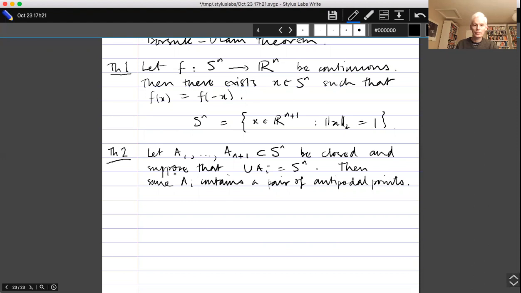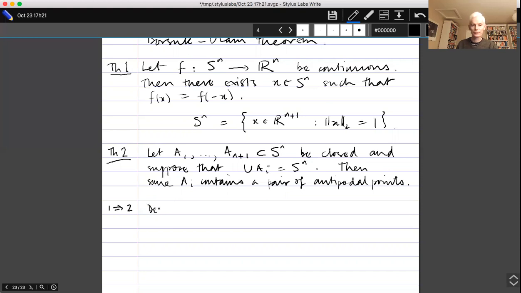Okay. Now what I'll do is prove that theorem 1 implies theorem 2, and theorem 2 implies theorem 1. So let's do 1 implies 2 first of all. So I've got my sets that are closed and that they cover S^n, and I want to define for myself a function from S^n to R^n that will help me obtain a pair of antipodal points in one of the sets. And I'll do that as follows.